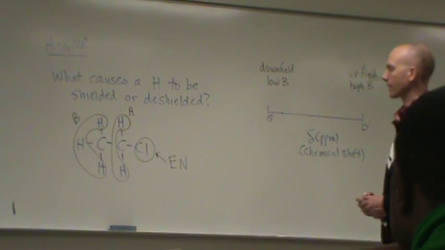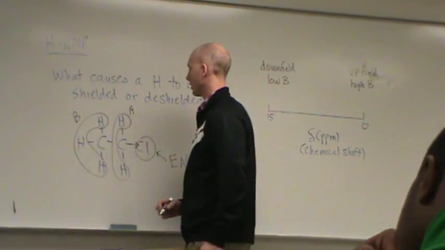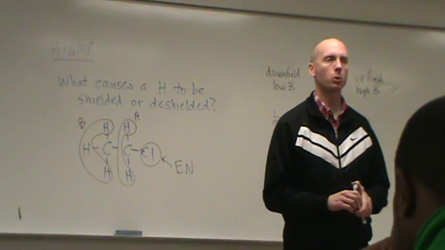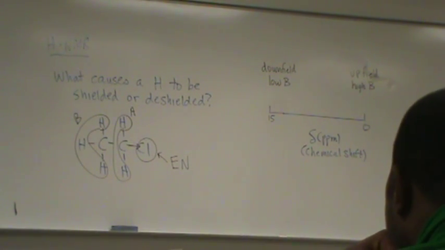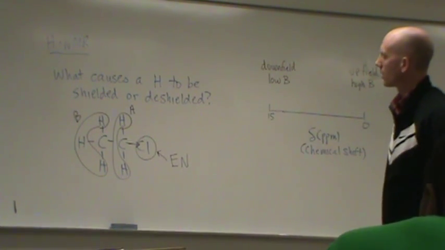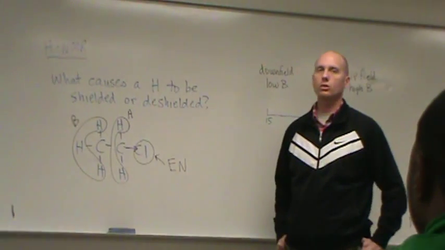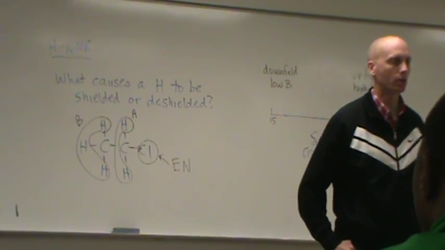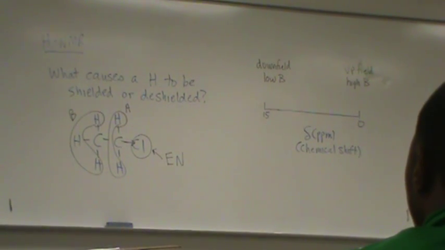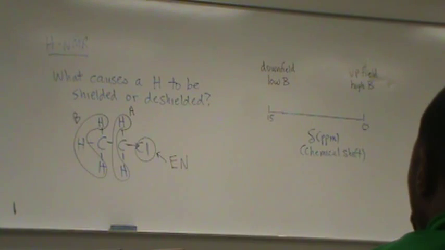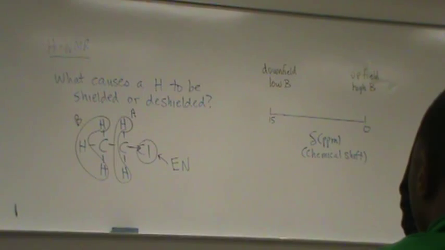It's pulling electrons. Very good. It's pulling electrons toward itself. Well, if that's the case, which set of hydrogens will be more shielded? A or B?